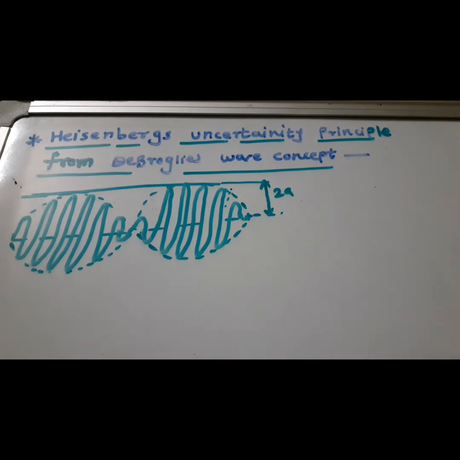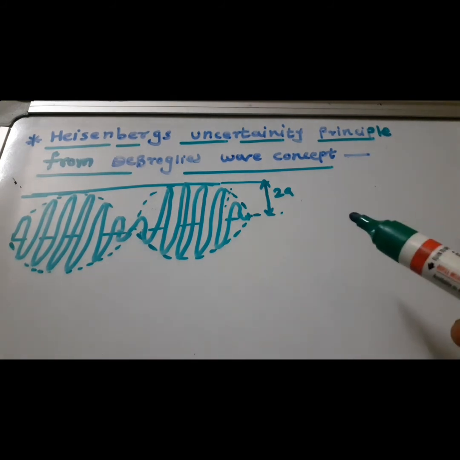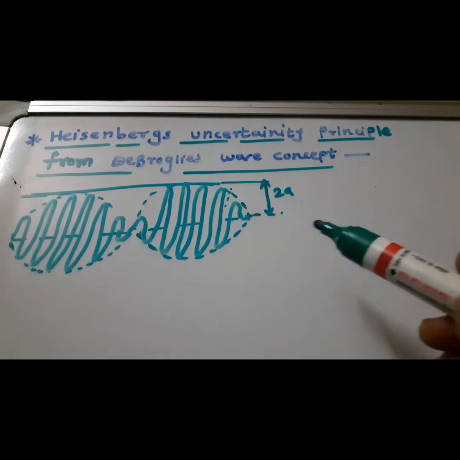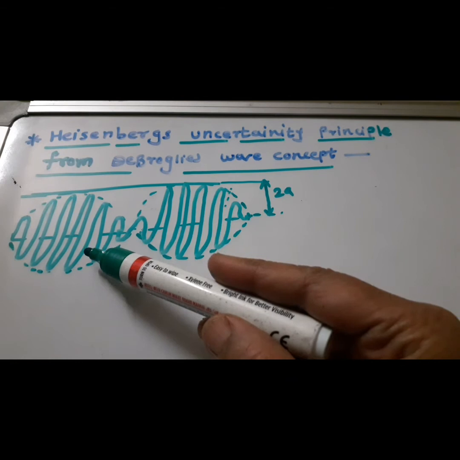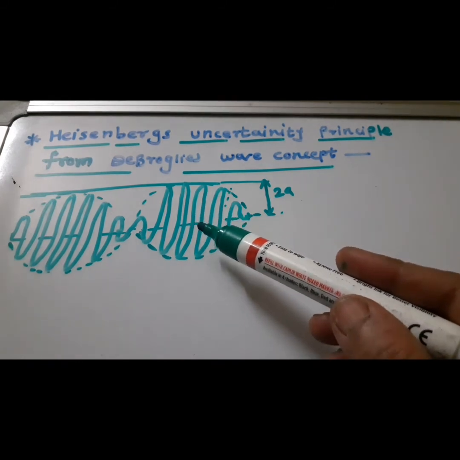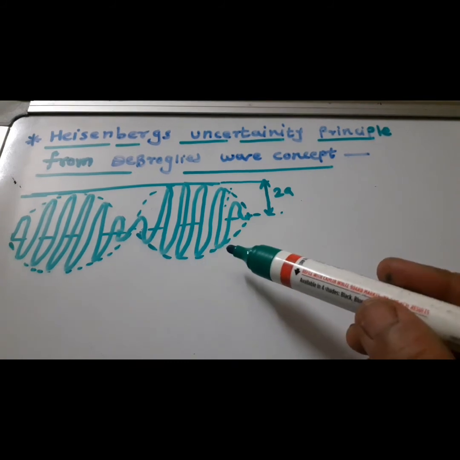All of you know the wave packet. Consider a group of waves consisting of any two components. This is the first component and this is the second component, of equal amplitude, having frequencies omega 1 and omega 2.